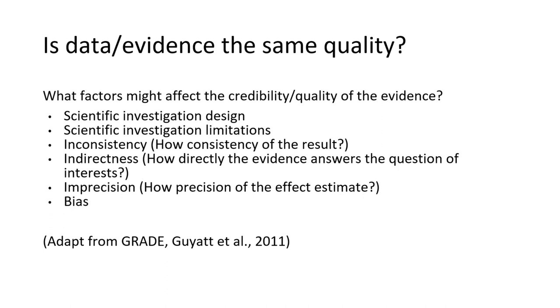Does the investigator have a bias when analyzing and interpreting the data? Helping students understand the credibility and quality of the data and evidence that they collect is a critical step in conducting scientific reasoning.